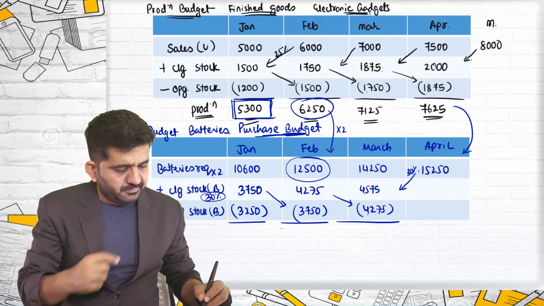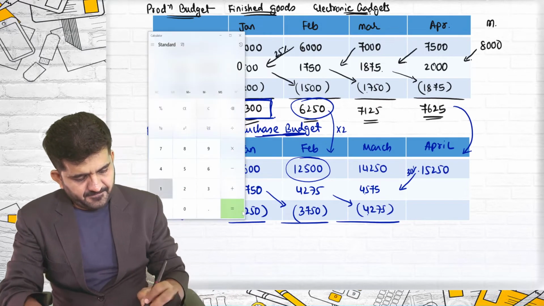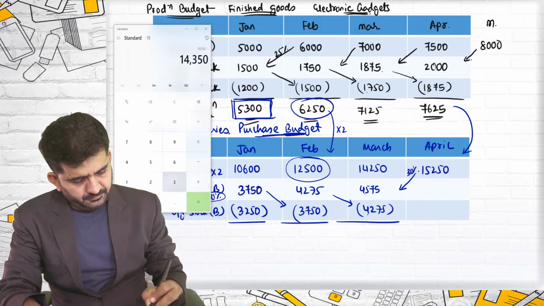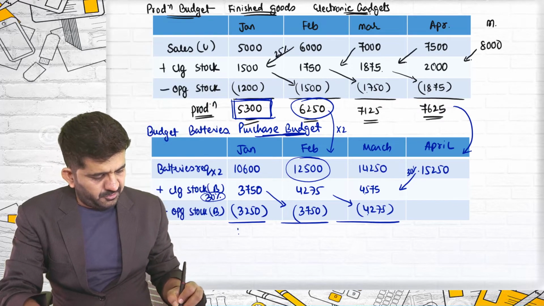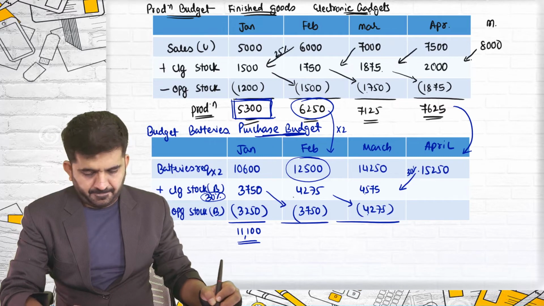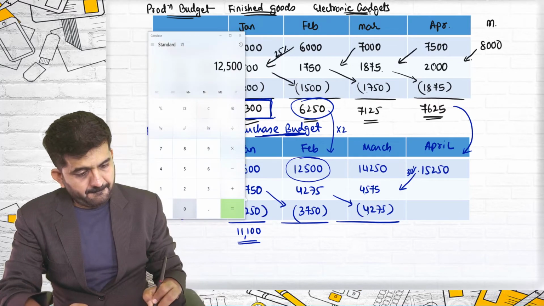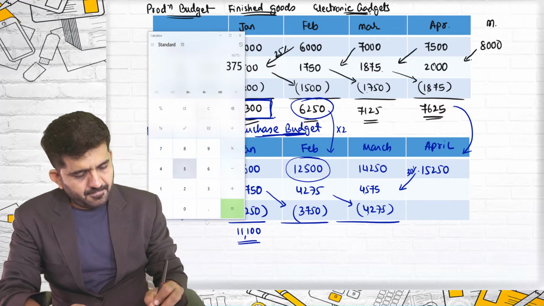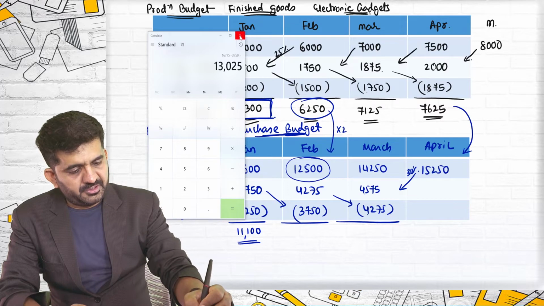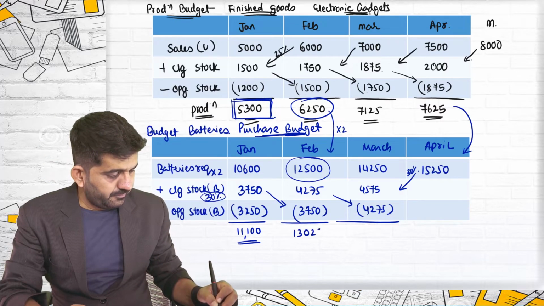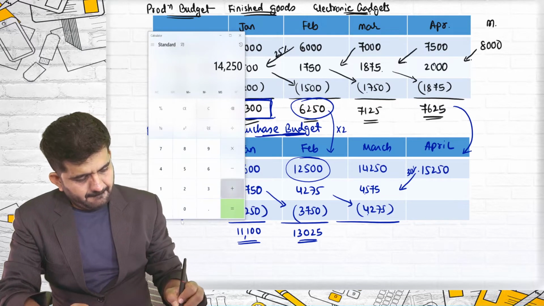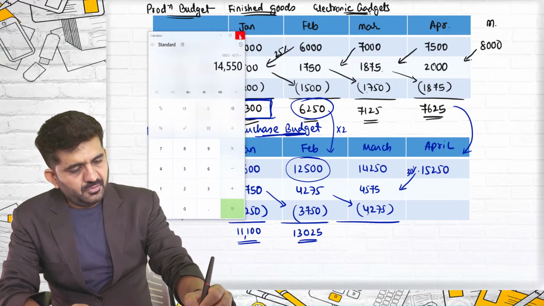I can just total it: 11,100, 13,025 and 14,500.